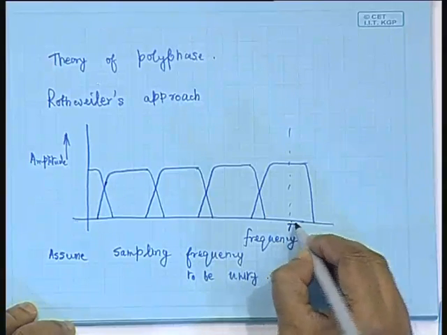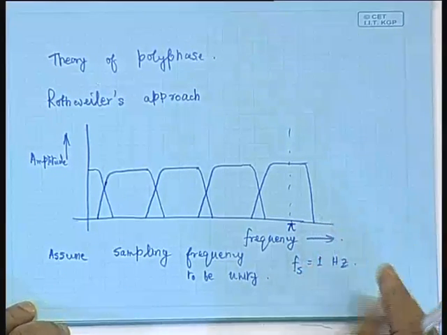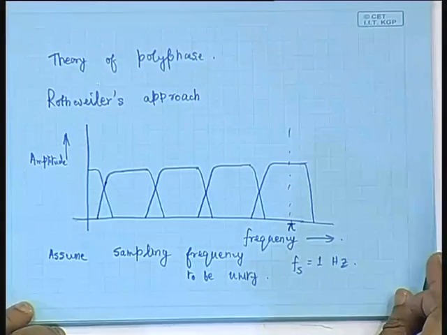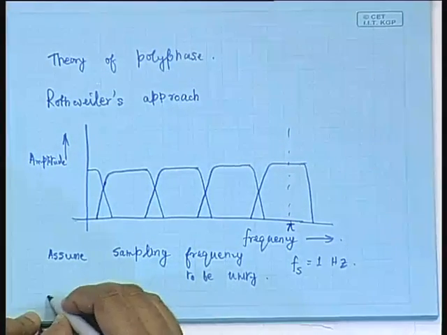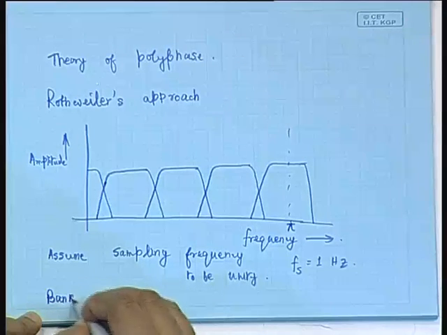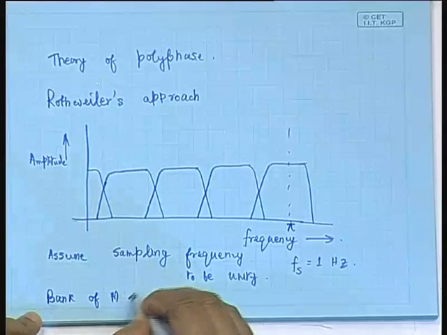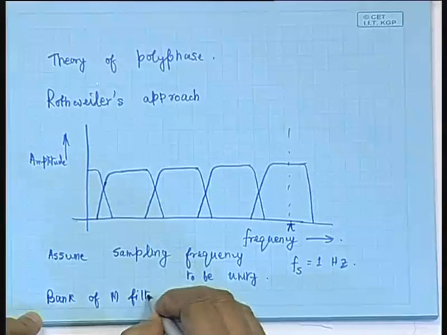That is 2 pi divided by 2, that means to say pi. Pi will be the maximum frequency. In fact, 2 pi radians per second will be your sampling frequency. So, the maximum frequency that you are talking of is pi. And you are assuming that there is a bank of M filters to be synthesized.